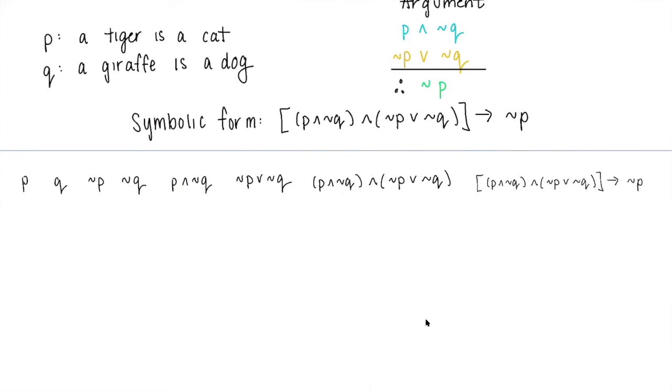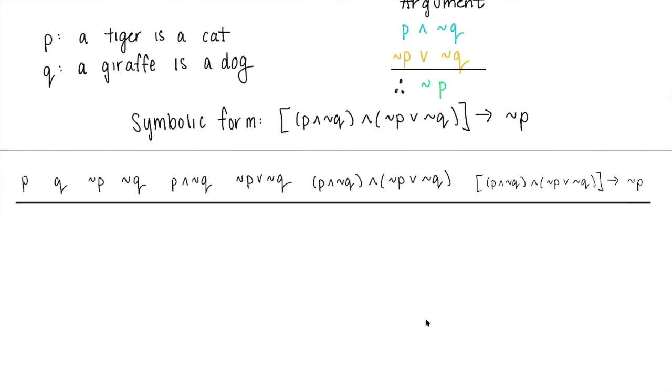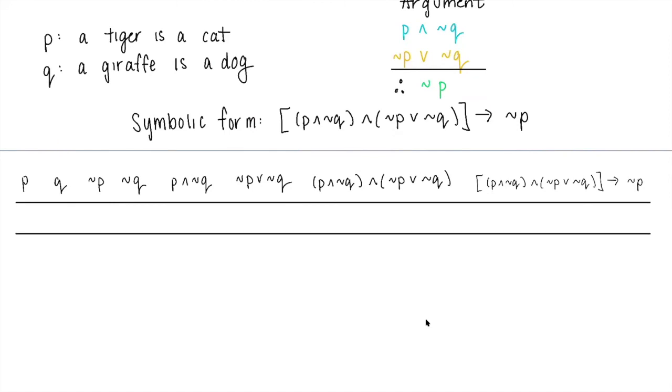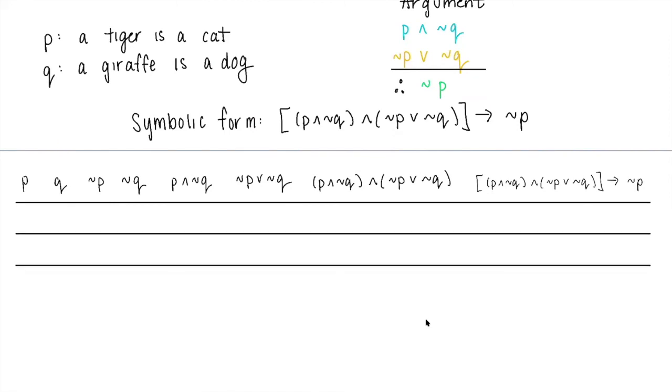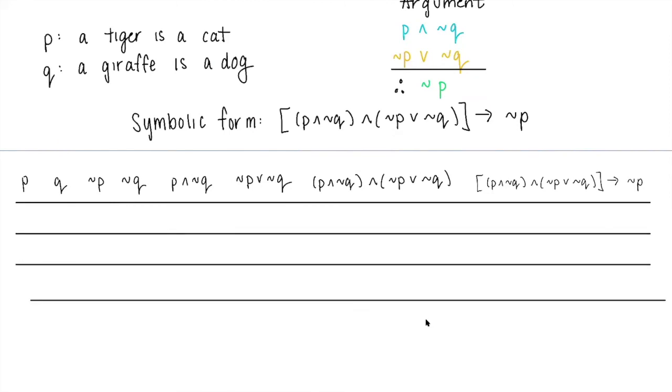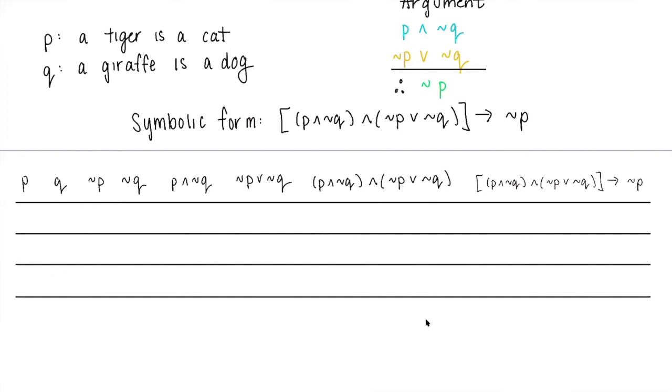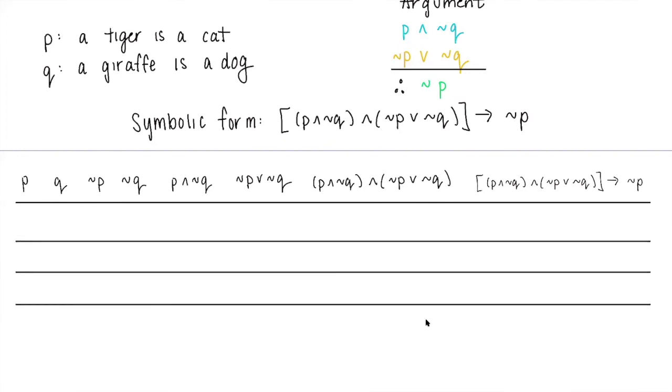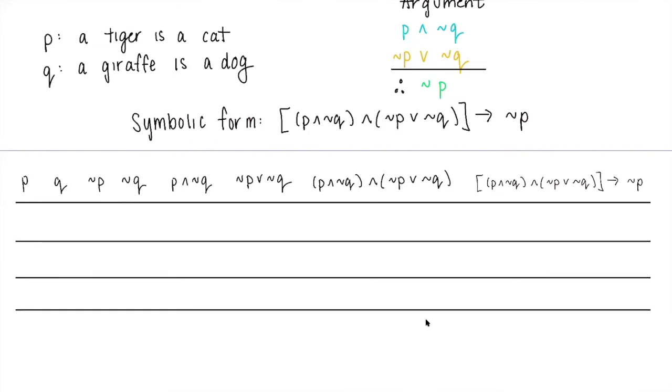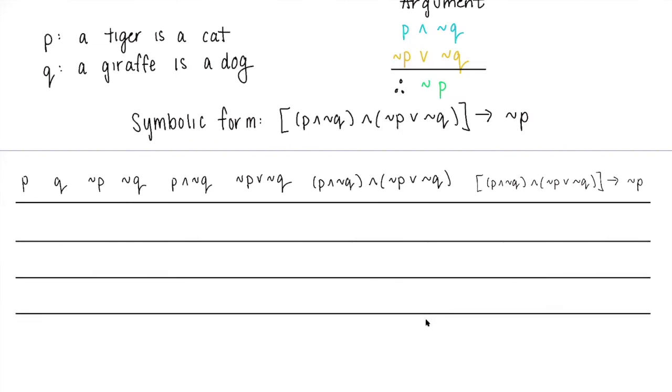Okay. All right. And luckily, this is only two statements, not 3. So I only have 4 columns in my truth table, which is way better. Give myself a little more space. But we have a lot of work to do.